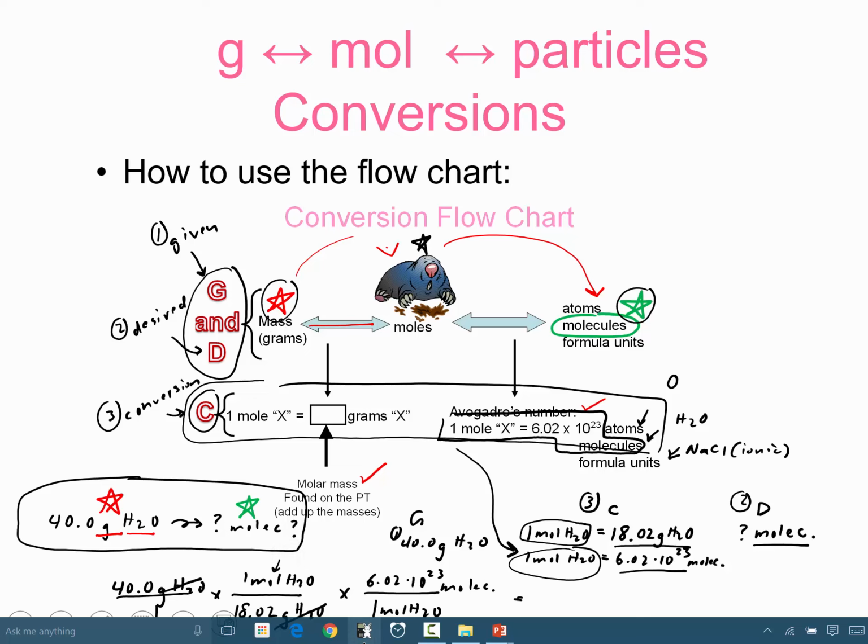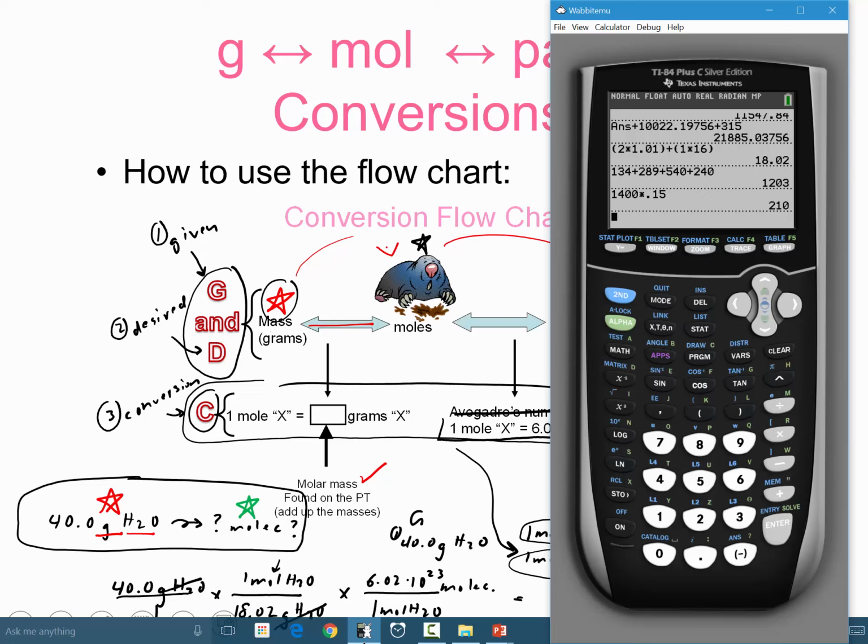Remember, these are the ways I recommend solving this on your calculator. We enter our 40 grams times, and the way I like to do it, I always enter all the stuff on the top in the numerator. Actually, I should probably put it all in parentheses on the top.